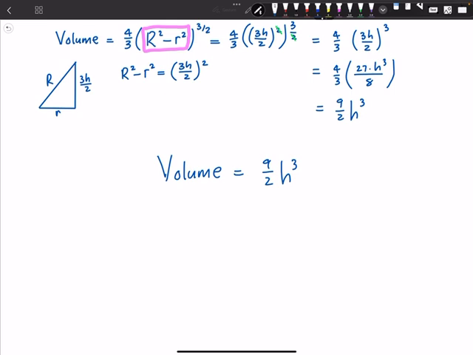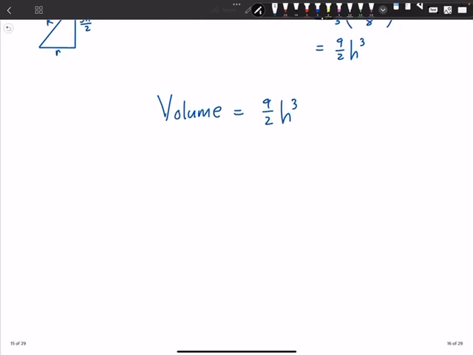This tells us two things, all right? Number one, the volumes are equal.